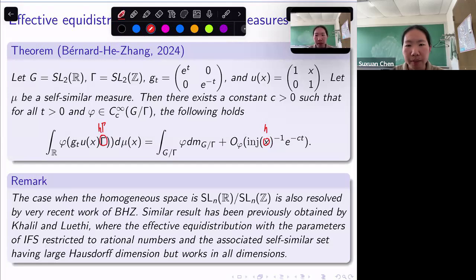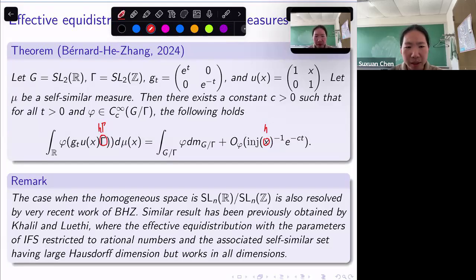Okay, yeah, and this C depends on the self-similar measure mu. And a few remarks. The case when the homogeneous space is SL_N(R) mod SL_N(Z) is also resolved by very recent work of BHZ.